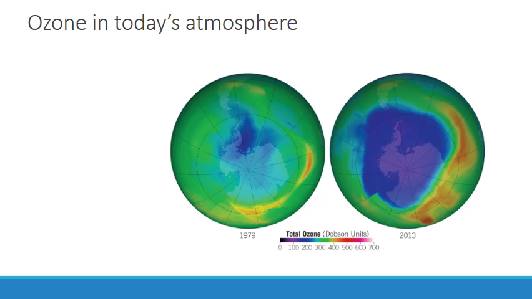Now, if you go look for other pictures of the ozone hole, for example, if you go back to 2010, you will see that the ozone hole, the blue area here, is much bigger than in 2013. That doesn't mean that the ozone hole problem is going away. It means that we had a particularly bad year in 2010.